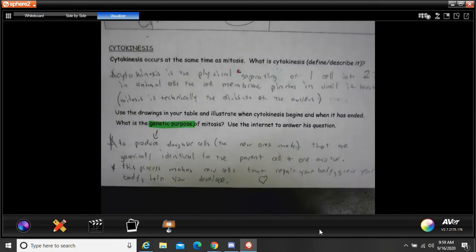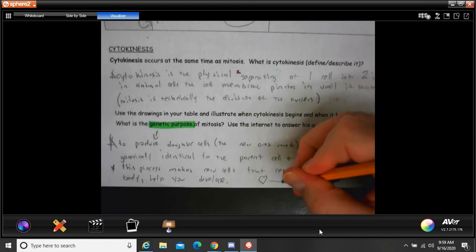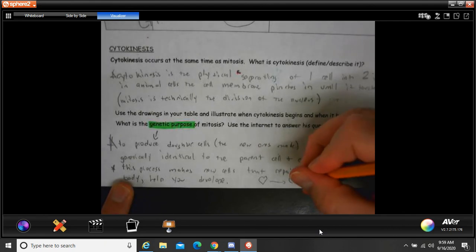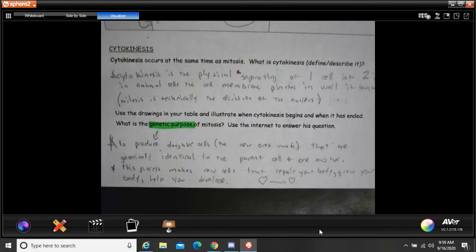If I have damage to my heart, I want cells that are being replaced inside the heart to still be heart cells. So the purpose of making genetic copies is that if I have a heart that needs to be repaired, I'm going to take a parent heart cell to make copies, daughter cells, that are also heart cells, so that when they're done, they will perform exactly the same function. And that's the purpose of mitosis.